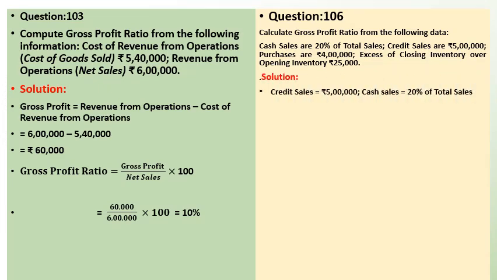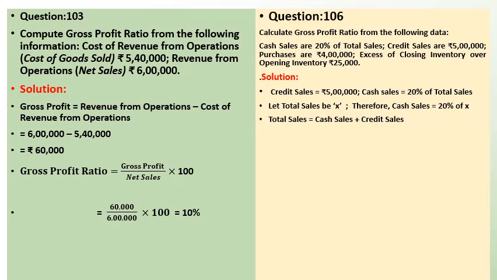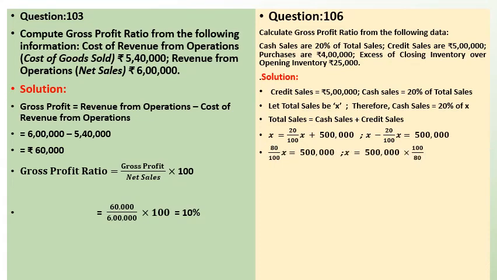Credit sale is 5 lakhs, and cash sale is 20% of total sale. So we assume total sale is equal to x, therefore cash sale will be 20% of x, and total sale is cash sale plus credit sale. Putting in the value, x is equal to 20x by 100 plus credit sale of 5 lakhs.